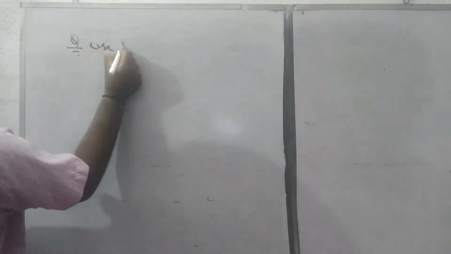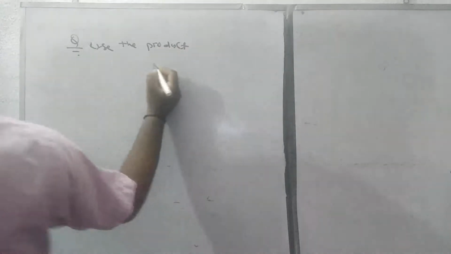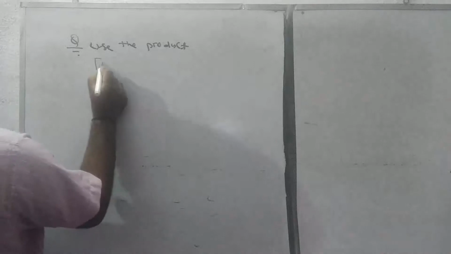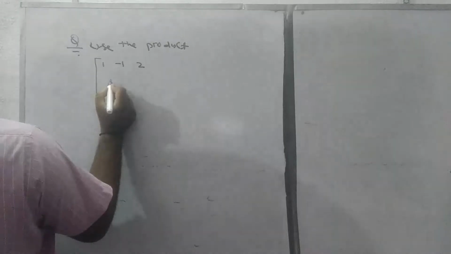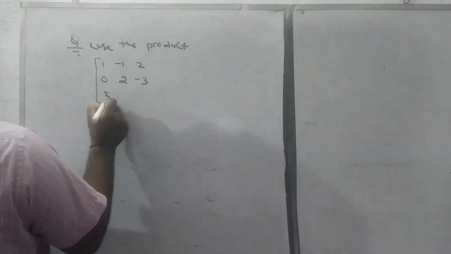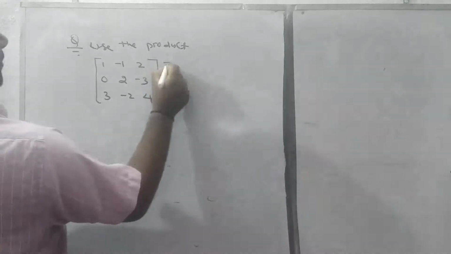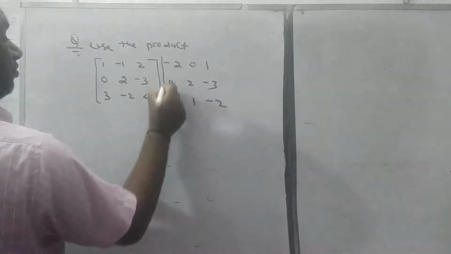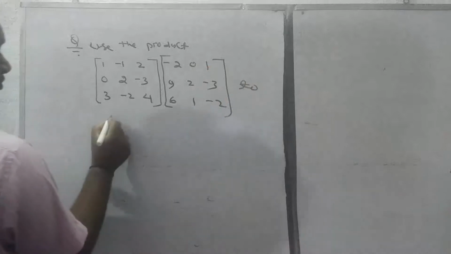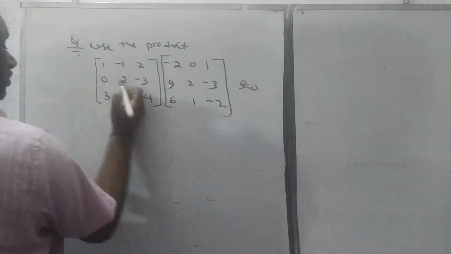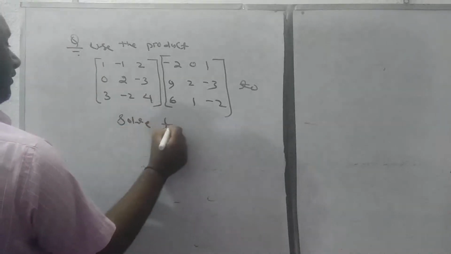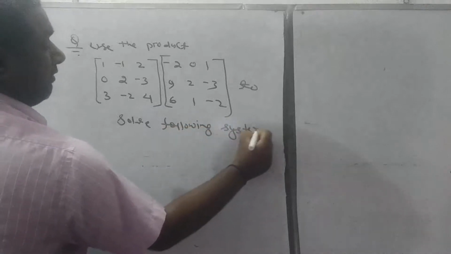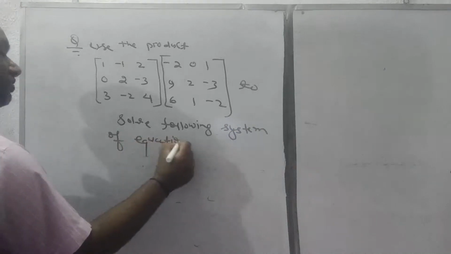The second question is, use the product [1 -1 2; 0 2 -3; 3 -2 4] [-2 0 1; 9 2 -3; 6 1 -2] to solve the following system of equations.